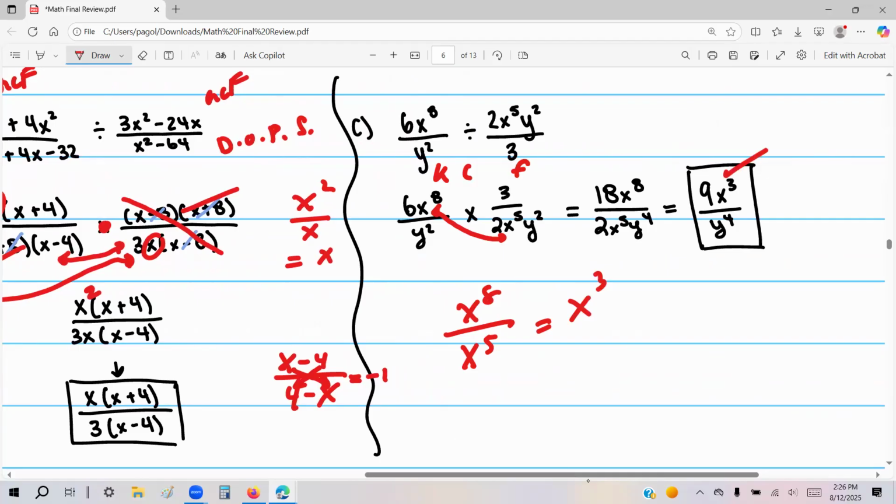Then we have y squared times y squared on the denominator. So you get y to the 4 on the denominator. And then you have 2 goes into 6 three times. You multiply this 3 with this 3, so you get 9 here.